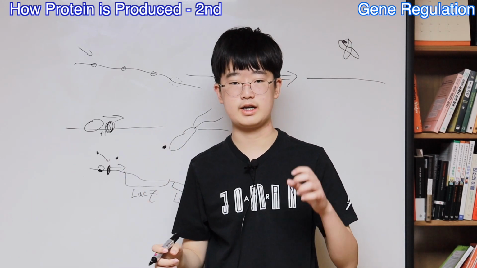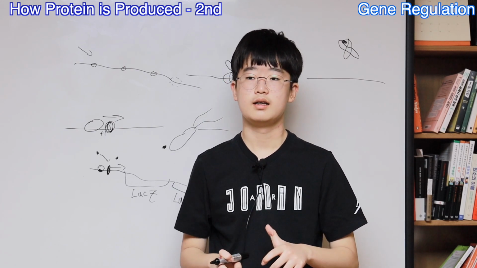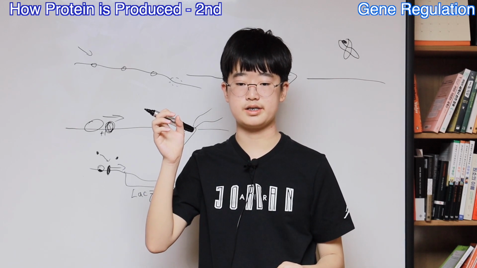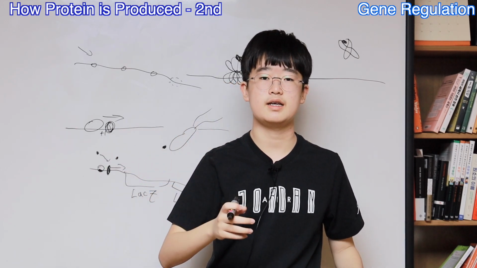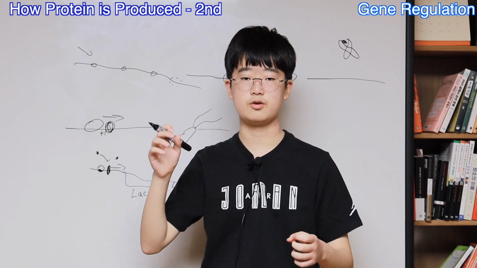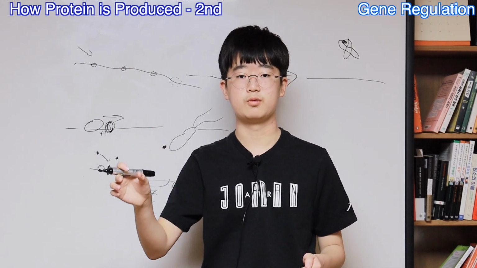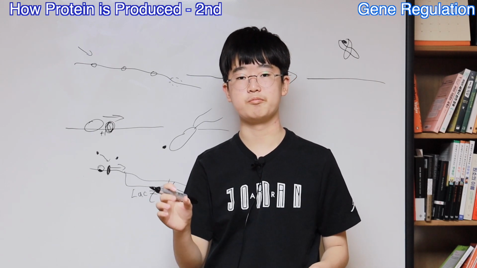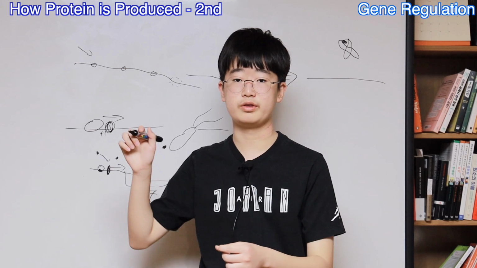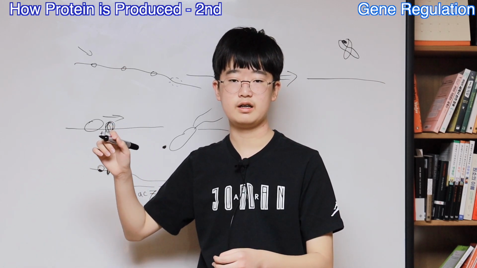The reason for its name is because this sigma 70 has a weight of 70,000 daltons. Well, sigma was the Greek letter that was used for the number 70.